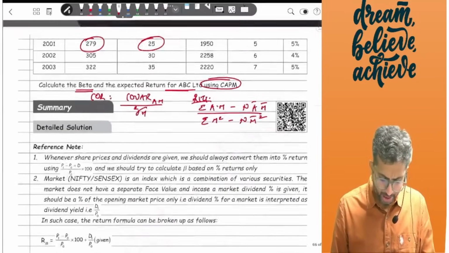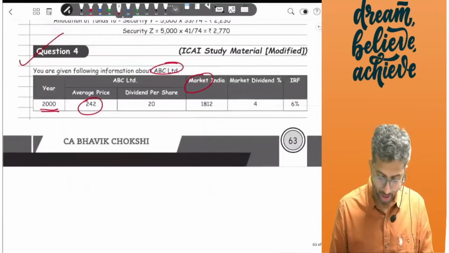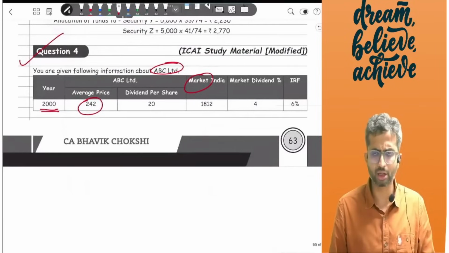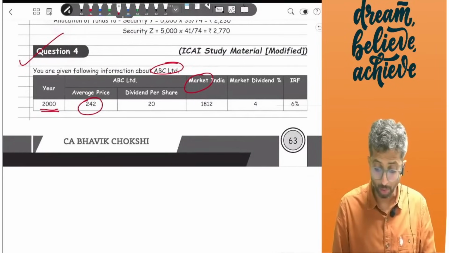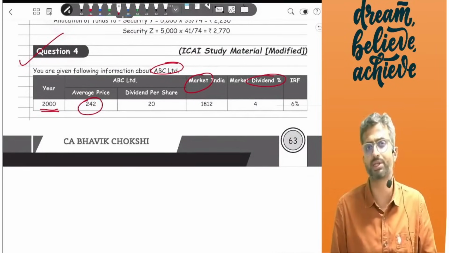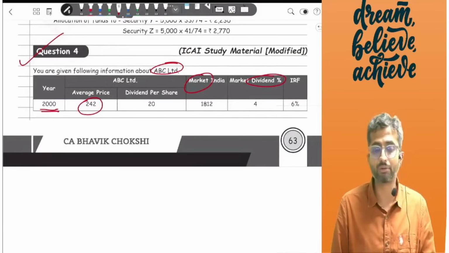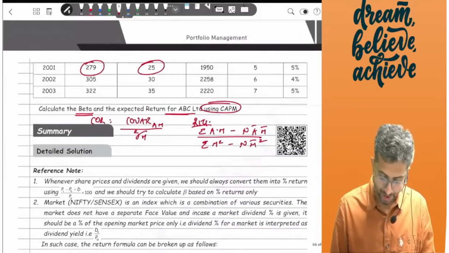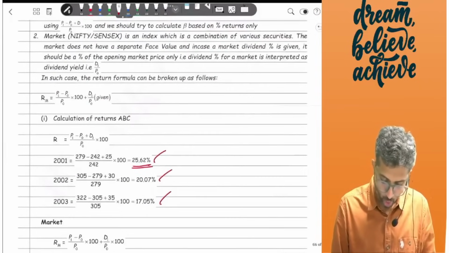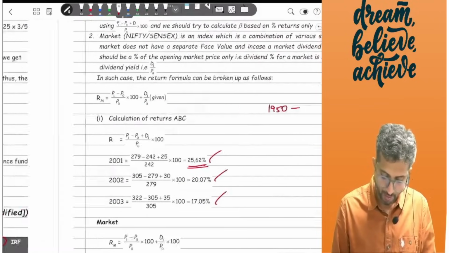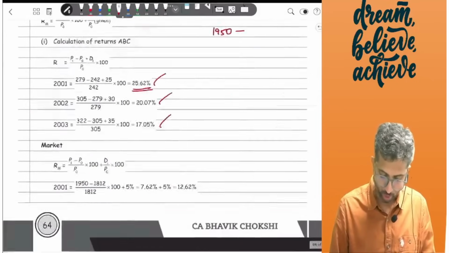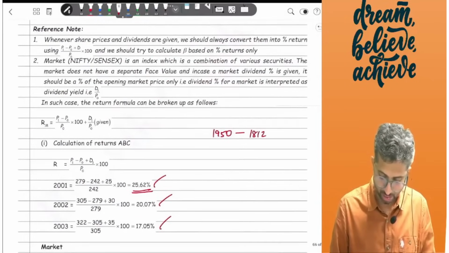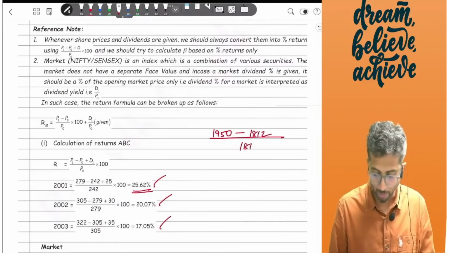Okay. Next you go to market. Now when you look at the market, you can still do market return as P1 minus P0, but the problem is market dividend is given in percentage. Now market does not have a face value and hence the market dividend is a percentage of the price only. So over here if I go to the market, it will be 1950 minus 1812. So this is a capital appreciation. P1 minus P0 upon 1812.